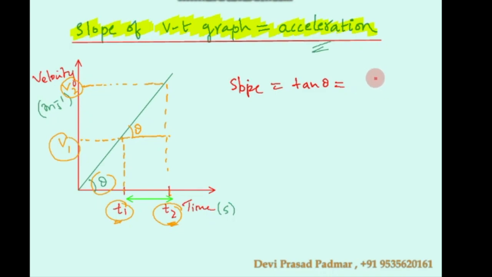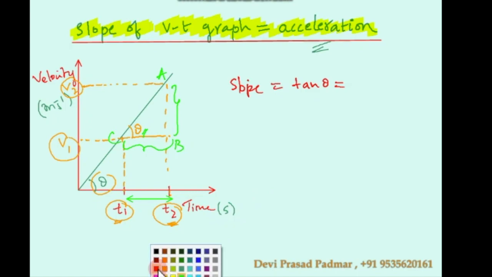Now in this particular problem, this will be the opposite side for this theta and this will be the adjacent side. If you want, you can name these A, B and C. That means tan theta in this problem is nothing but the opposite side, AB, divided by CB, correct?